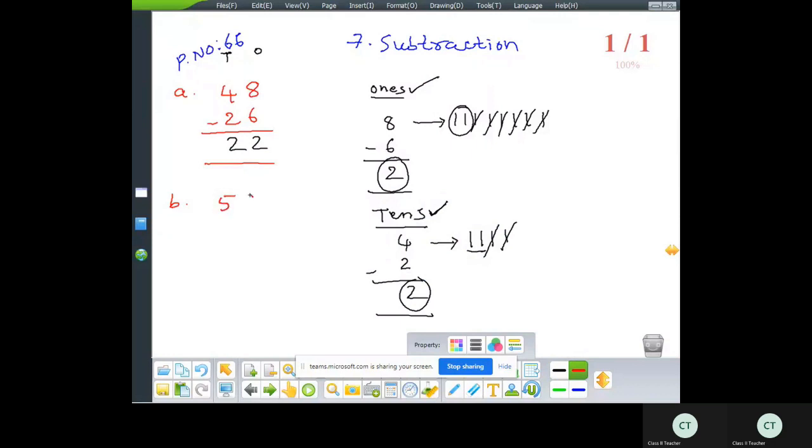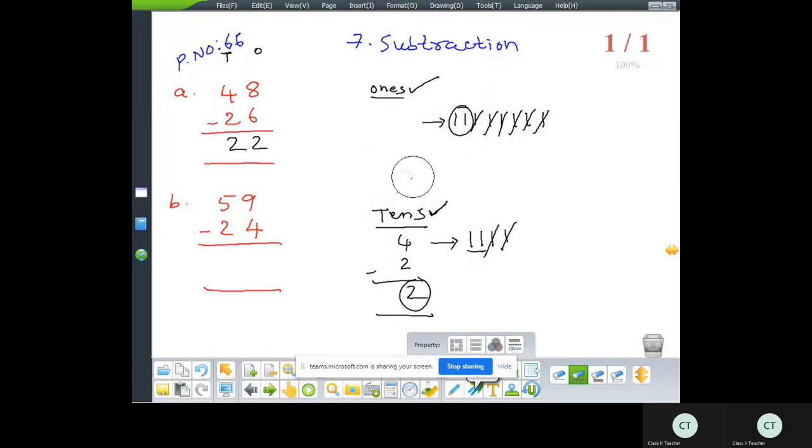59 minus 24. It means 59 subtracting from 24.